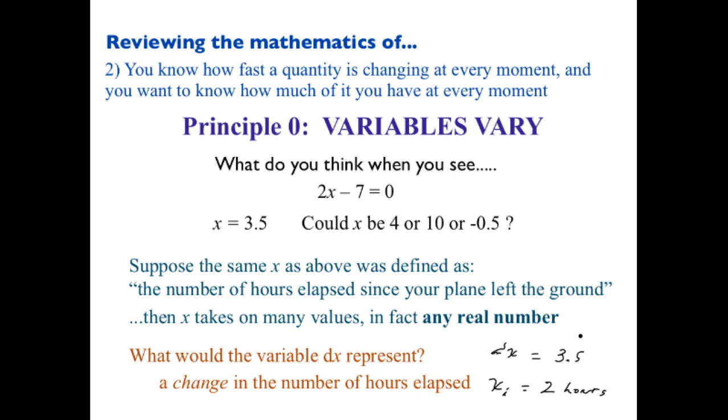So dx could be increasing from 3.5. So it would be starting from 2 hours, 3.5 hours gone by, 3.6 hours gone by, 3.7 hours gone by. So dx itself we want to think of as a variable. It would be increasing as x increases, the amount of change. Okay, so that's principle 0. Variables vary.